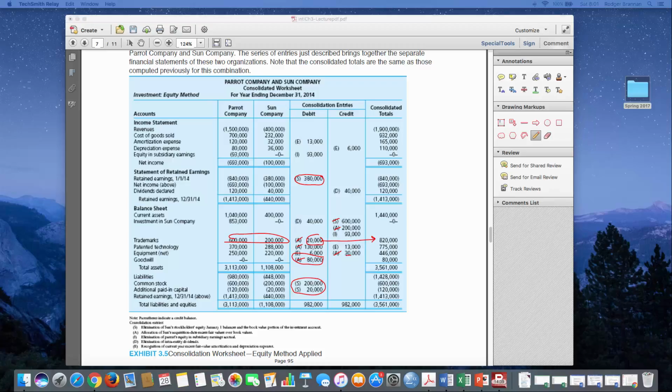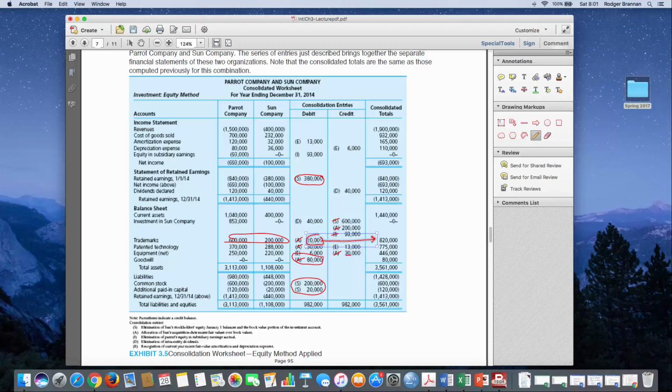All right. Now, the next adjustment you need to make is that by the end of the year, parent took into its income the net amount of $93,000. That is, Sun earned $100,000, and likewise we have the amortization for the adjustment of the assets, which netted out to $93,000.